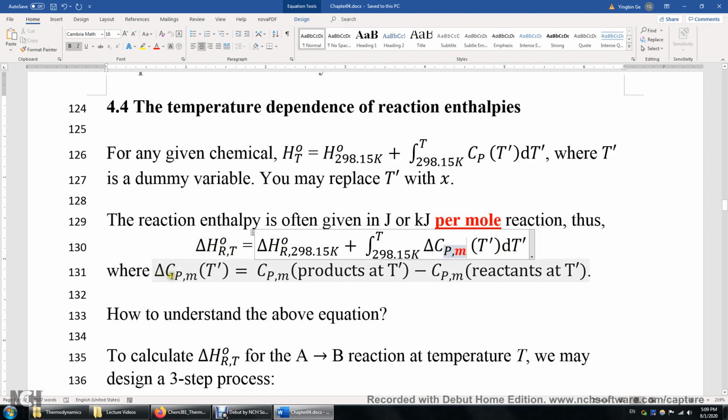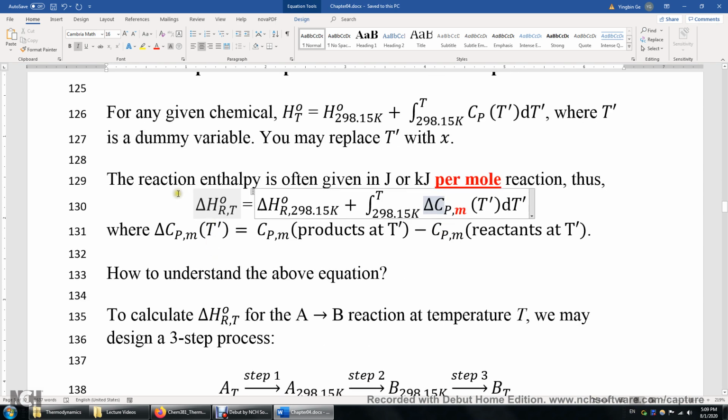What is delta Cpm? That's simply the Cpm of the products minus the Cpm of the reactants. Very often, Cpm is independent of temperature within a small temperature range, and then we can simply take delta Cpm out of the integral.